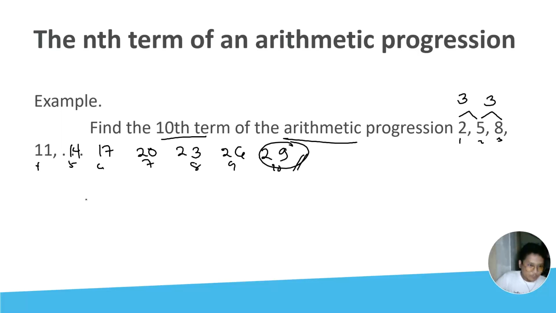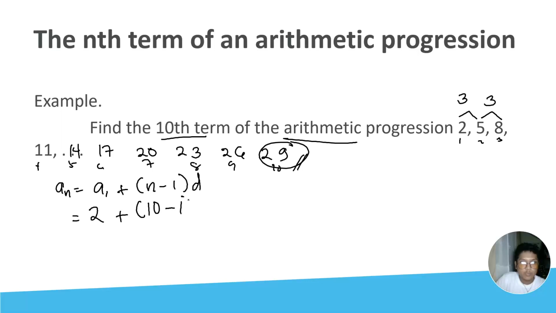We use the formula. So, the nth term is equals to the first term plus n minus 1 times the common difference. The first term is what? 2. While n is yung pinapahanap na term, 10 minus 1 times the common difference, 3.